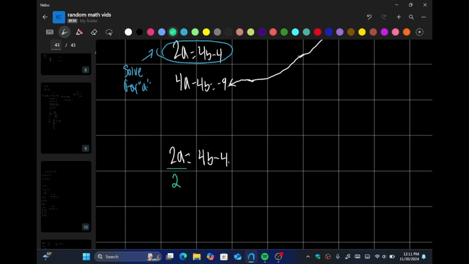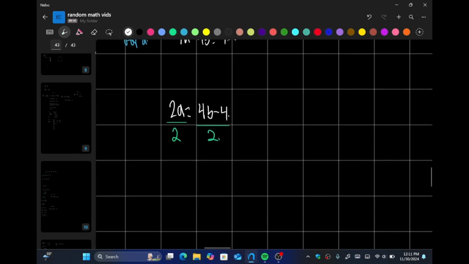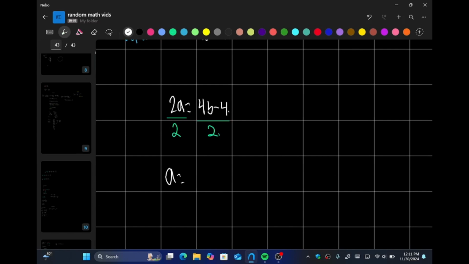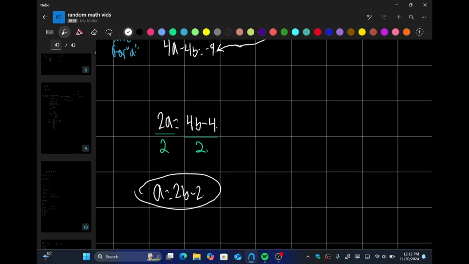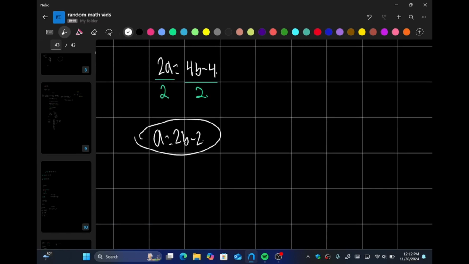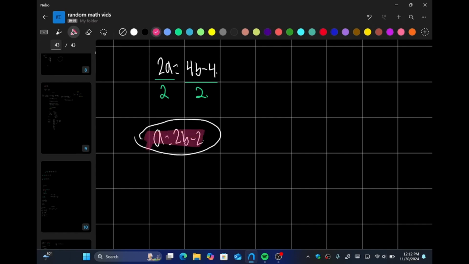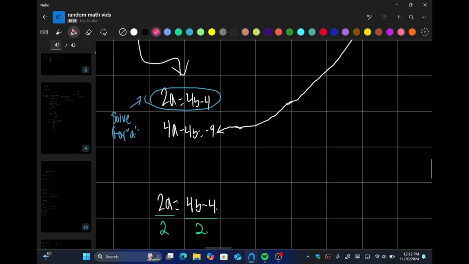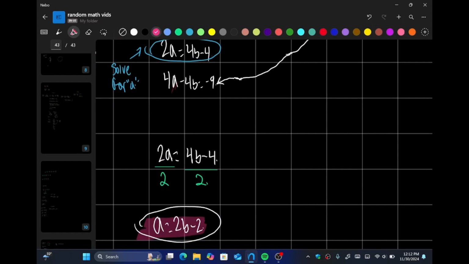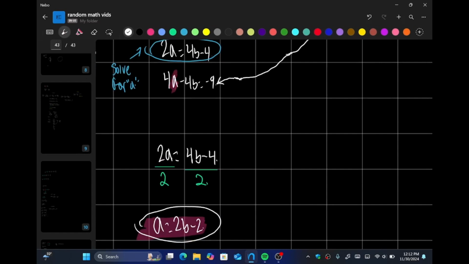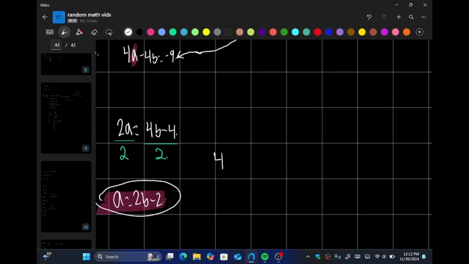We get a equals 2b minus 2. So we know that this is what we're going to plug in for a here. So we get 4 times the quantity 2b minus 2, minus 4b equals negative 9.